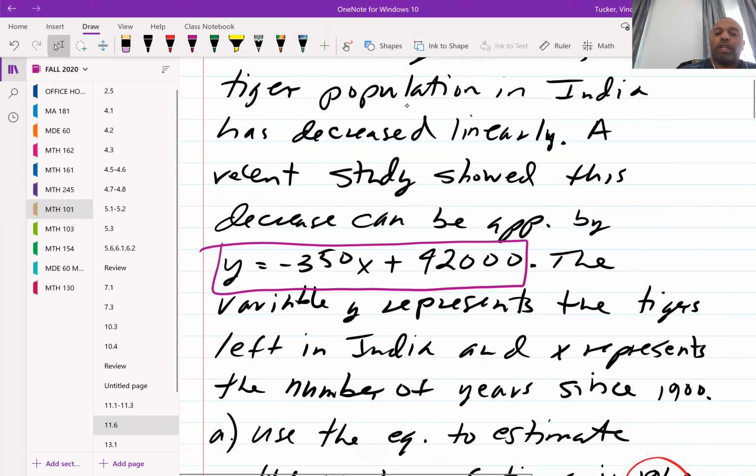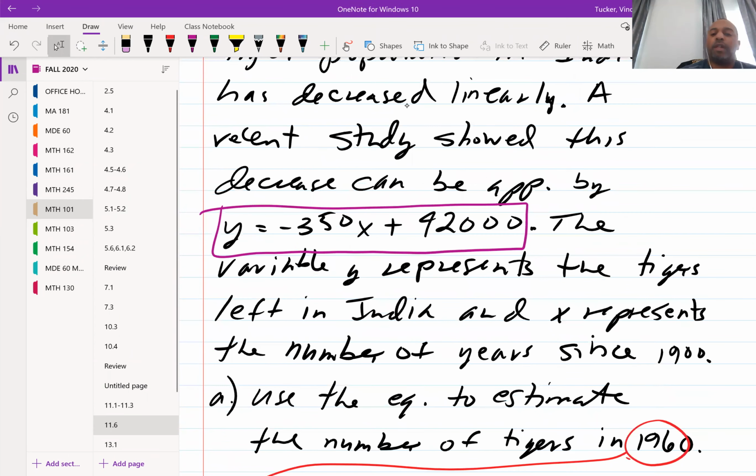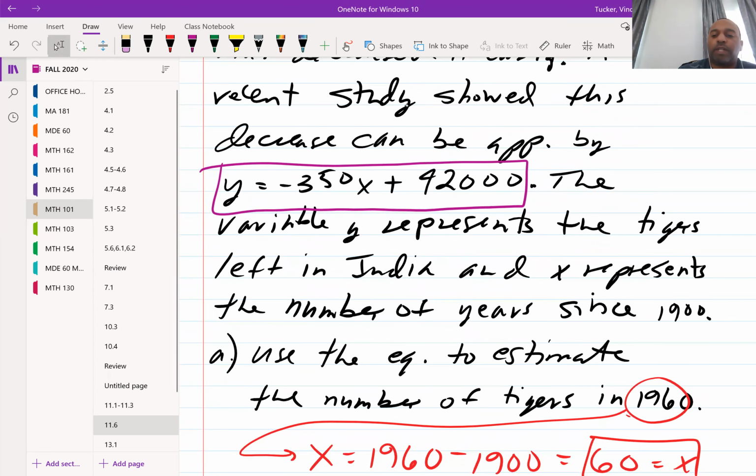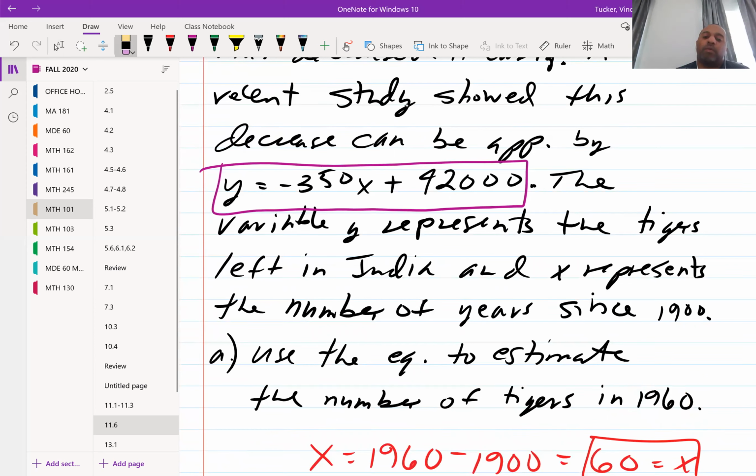All right, so they gave us the equation, told us what y and x represent. So it says use the equation to estimate the number of tigers in 1960.